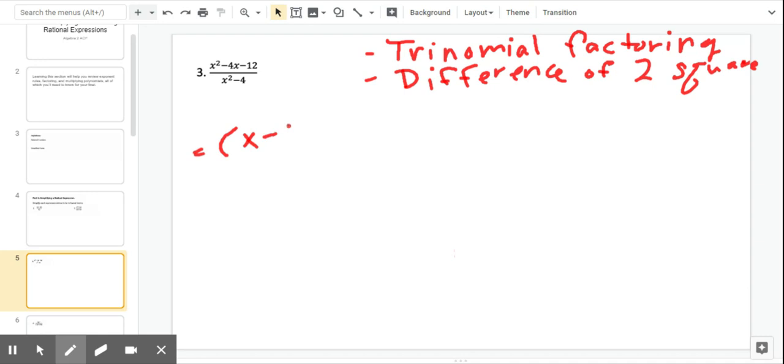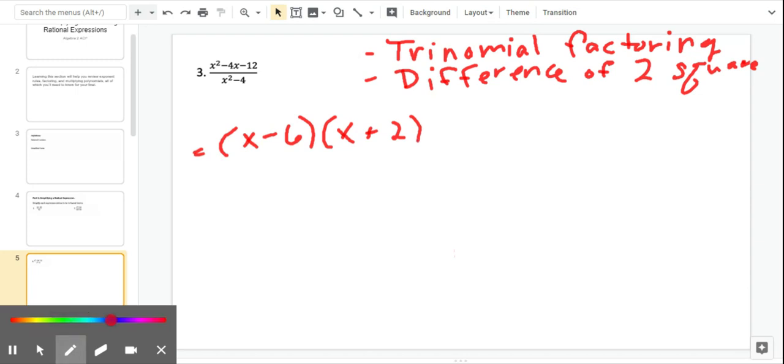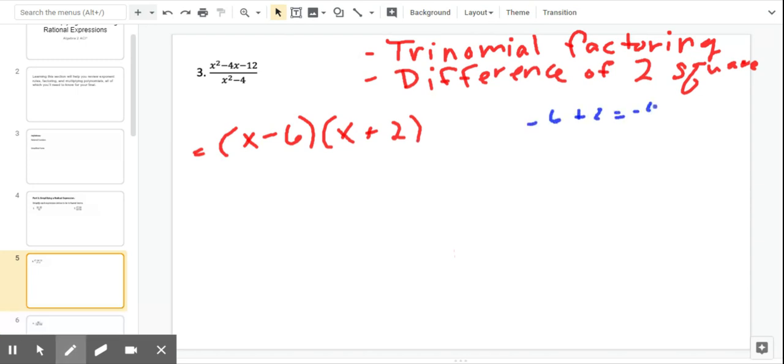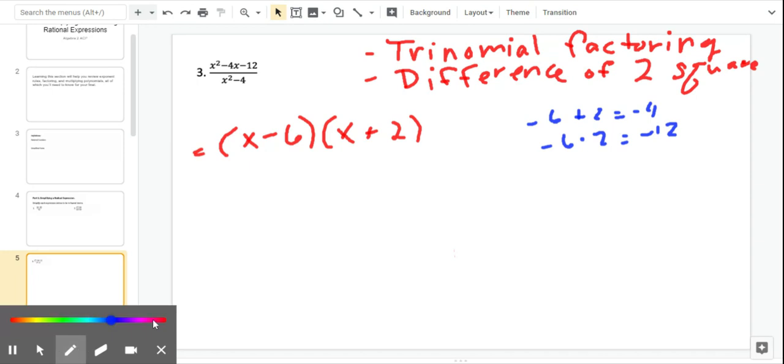That would be x minus 6, x plus 2. Just so you know where that came from, negative 6 plus 2 equals negative 4, and negative 6 times 2 equals negative 12. So that's our factored numerator.